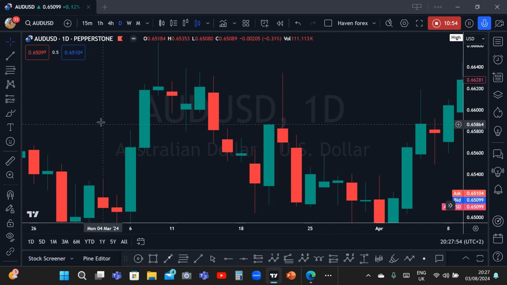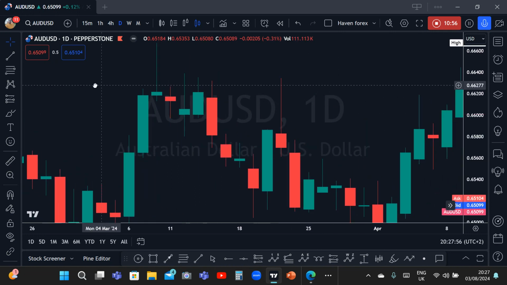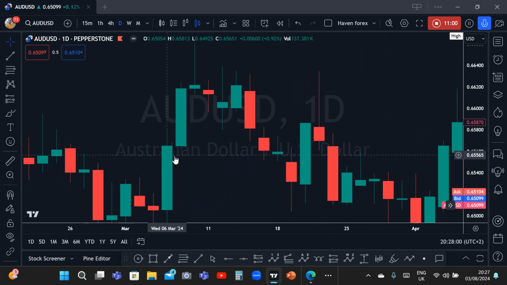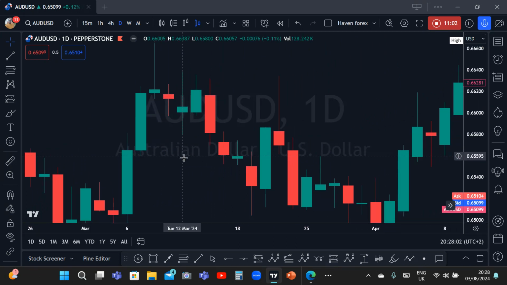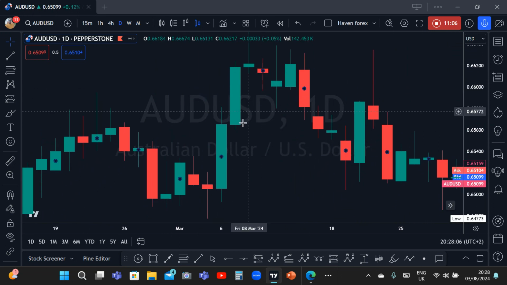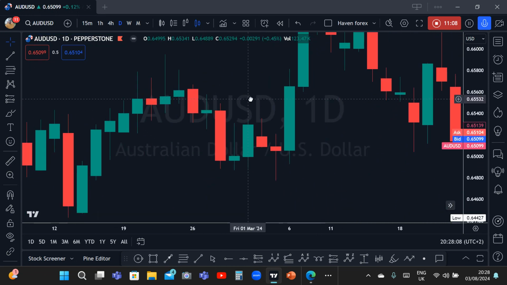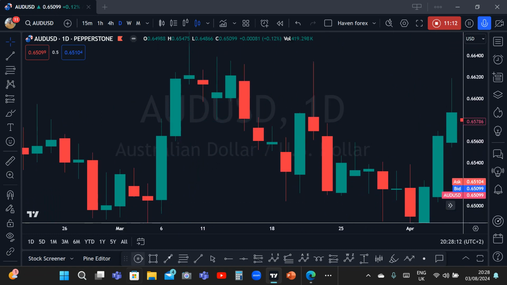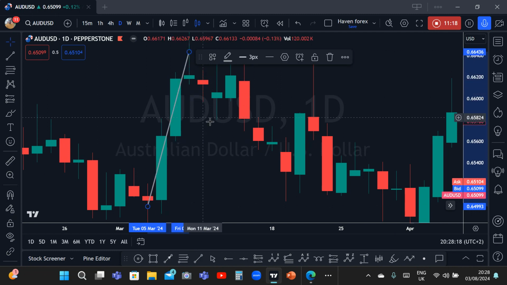Now, I'm going to be showing you guys what a pin bar actually looks like. All right. Now, this is what we call a pin bar, right? At this point, you see this very one here. This is a bullish trend, all right?